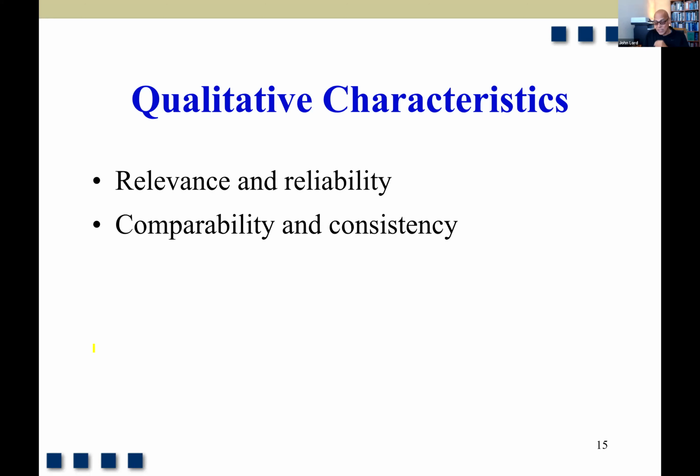Okay, now it doesn't mean the companies can't change their accounting principles, but if they do, they have to have determined that it provides better, more useful information for investment and credit decisions, and they have to put some bright lines of disclosure around the fact that they have changed their accounting principles.